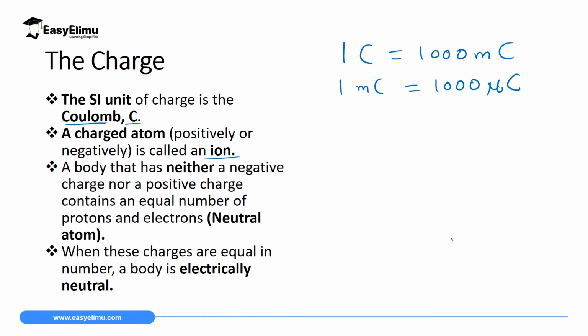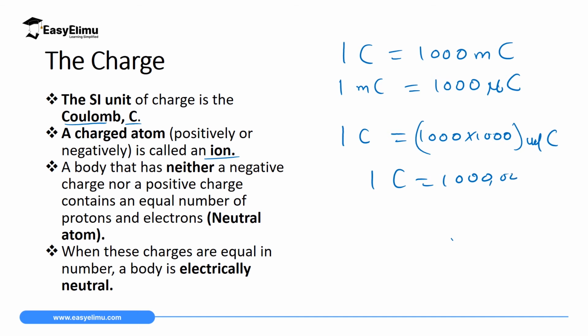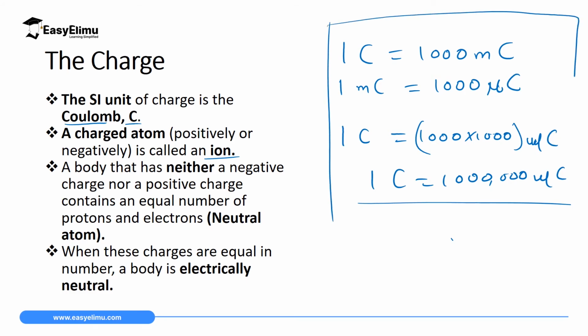Therefore, this means 1 coulomb is equal to 1000 millicoulombs times 1000 for it to make a microcoulomb. So 1 coulomb is equal to 1 million microcoulombs. This is very important. This interrelationship of the multiples of coulomb is very important. You will need it in the next topic, which we call current electricity 1.